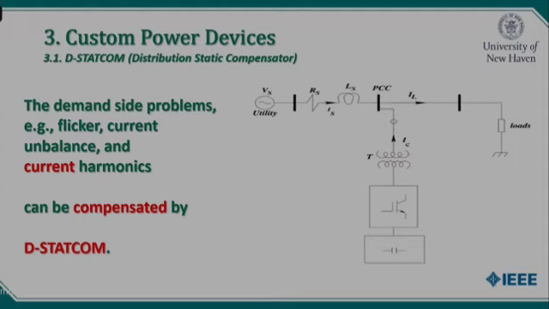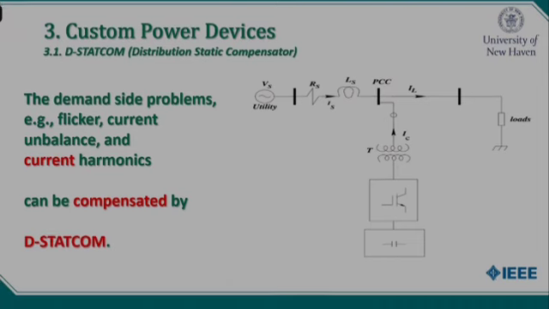In this case, the demand side problems, for example flicker, current imbalance, and current harmonics, can be compensated by this STATCOM. How? We have problems on the load side, and the current can be injected in order to compensate for current problems of the customer side. The next slide.